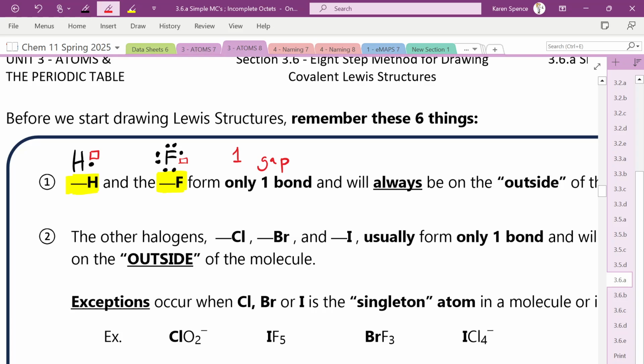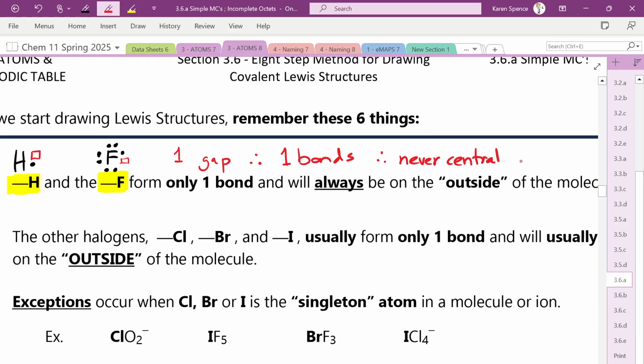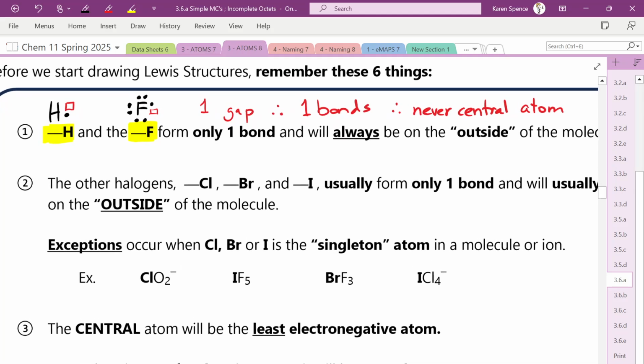Therefore, they form only one bond. So they are always going to be on the outside. They will never be the central atom. So that's important. Okay?